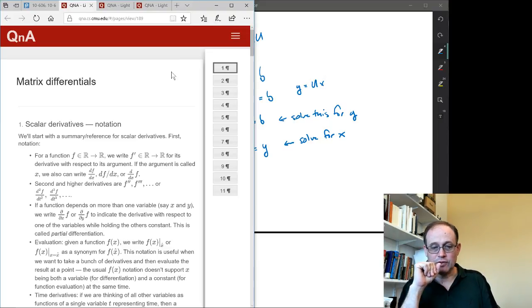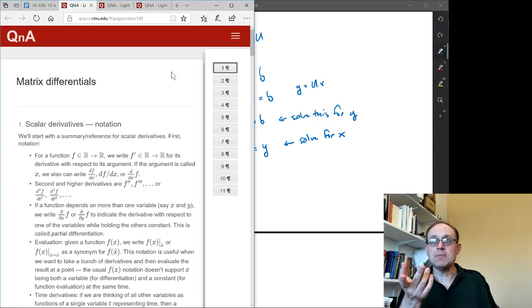My assumption is that everybody's going to be fairly familiar with taking scalar derivatives, but I suspect that this view of matrix calculus will not be as familiar for most of you.